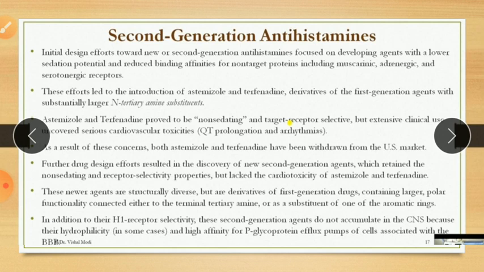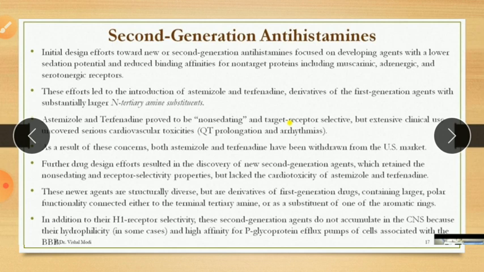So the first generation agents have some side effects, like they cause sedation and there is a lack of specificity regarding the receptor. Apart from histamine blocking, they also block muscarinic, adrenergic and serotonergic receptors. But second generation was developed to reduce the side effect, that is sedation, and to reduce the effect of these drugs on the other receptors.